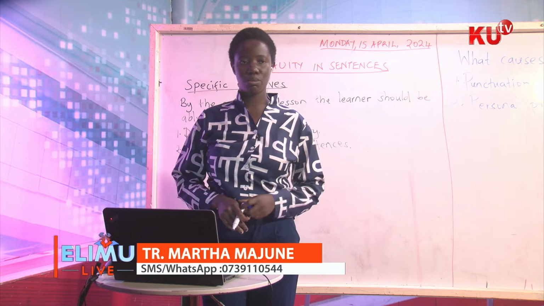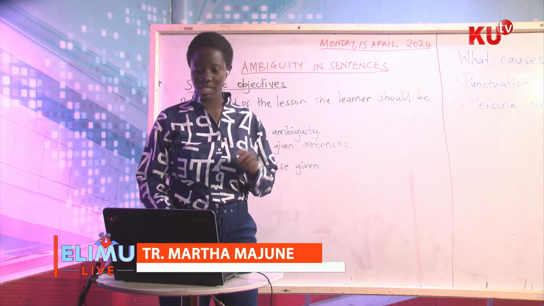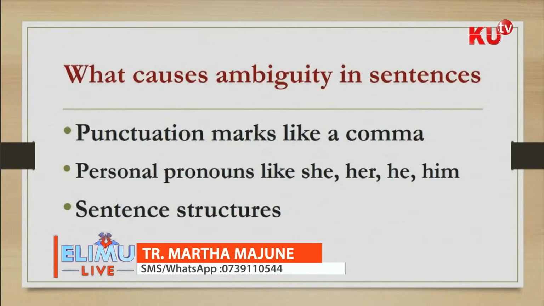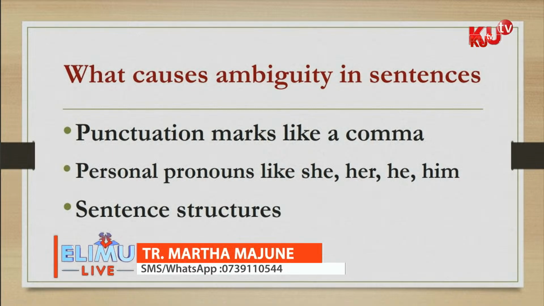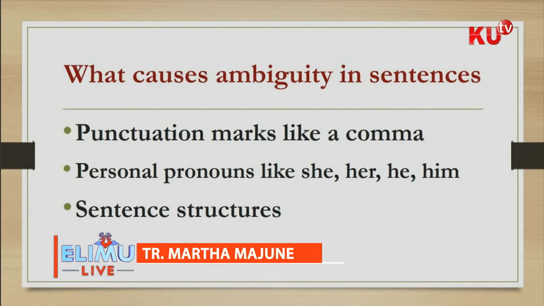So when we speak, we should focus on the personal pronouns. If you want to refer to someone or something using a personal pronoun, you have to make sure that it is more specific and more clear so as not to bring about confusion in a sentence.